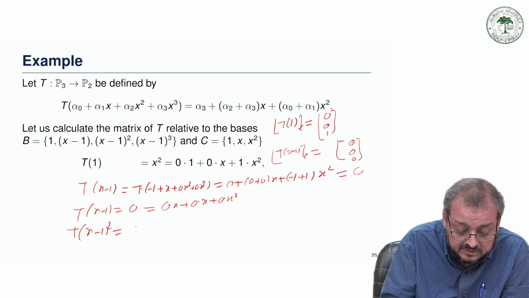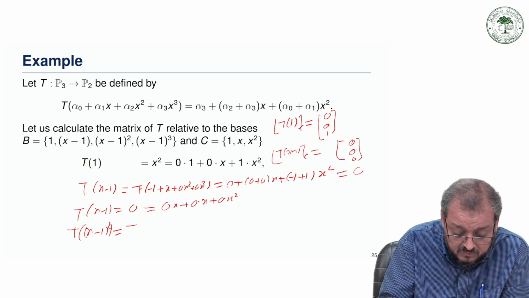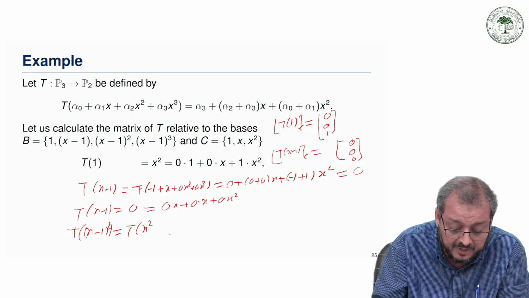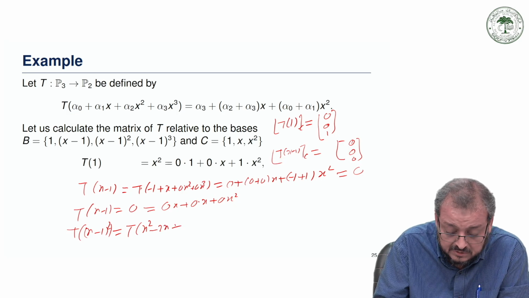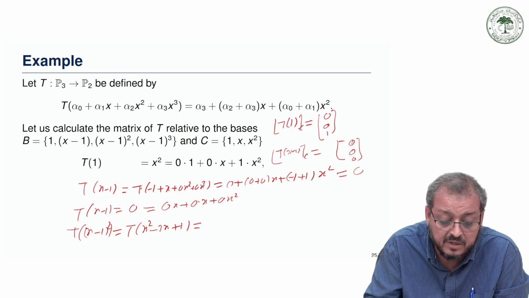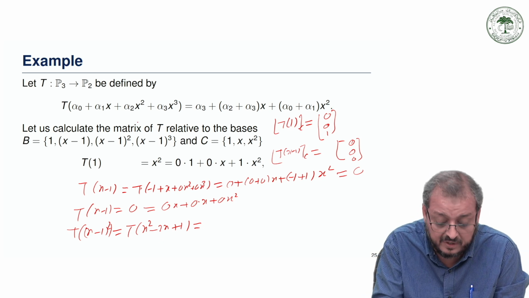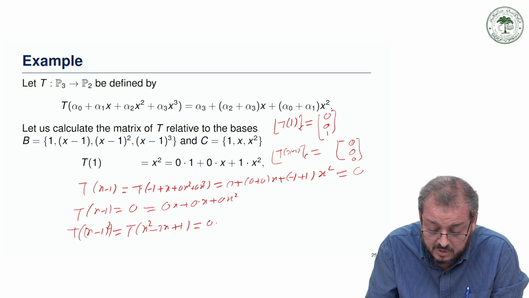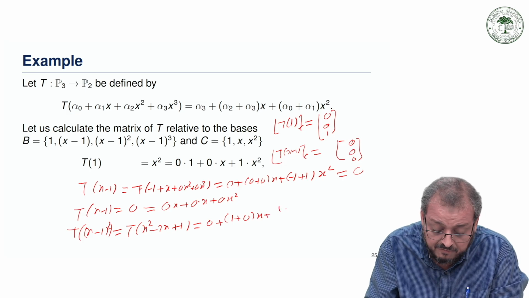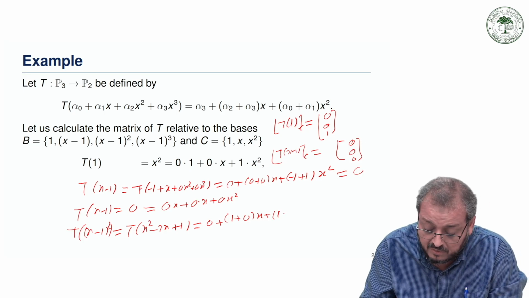Now the next one is T of x minus 1 whole square. This can be written as T of x square minus 2x plus 1. Alpha 3 is again 0, alpha 2 is equal to 1 plus 0 into x, alpha naught is equal to 1, and alpha 1 is equal to minus 2, and then x square.